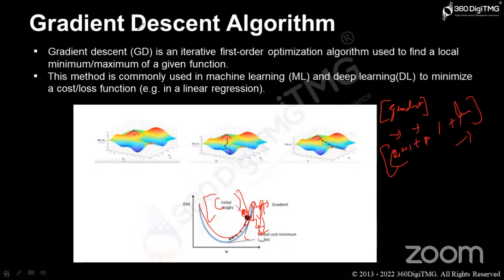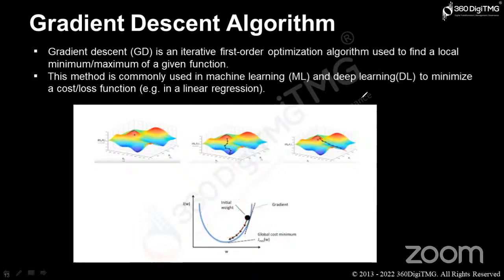In this case, we have two different types: exploding gradient and vanishing gradient. We have seen what the error surface is, and on the error surface we have two different error points.